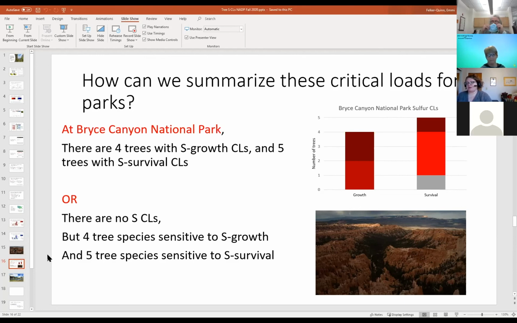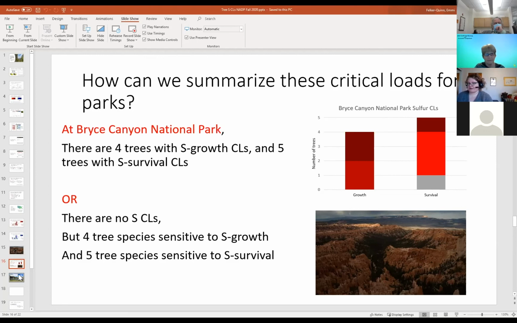So what we could say at Bryce Canyon National Park is that we don't have quantitative sulfur critical loads, but we do know that there are these 4 tree species likely to be sensitive to sulfur effects on their growth, and 5 tree species sensitive to sulfur effects on their survival. So we're weighing these options of quantitatively applying the critical loads, or of using the information from this analysis to say that we have identified sensitive species qualitatively in the Western parks.